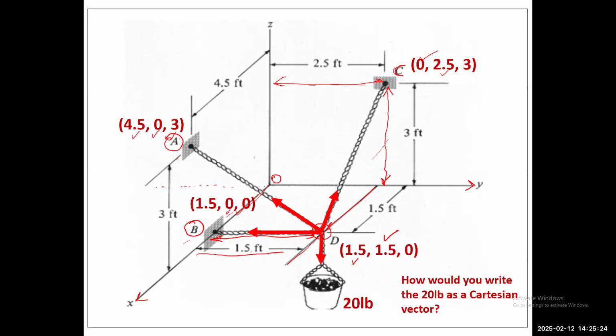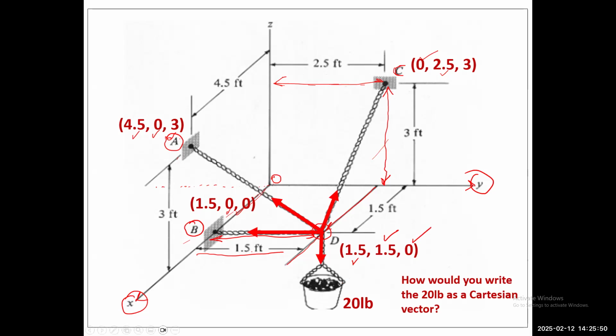So it's only in the xy plane. And in this xy plane, you have x coming along that way, right? And you have y coming along this way. I hope you can see that. And so it is 0 in the z direction.